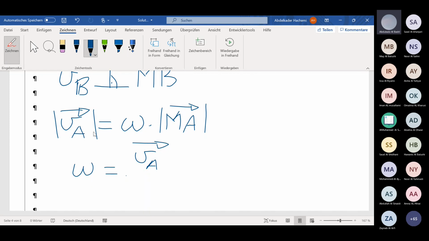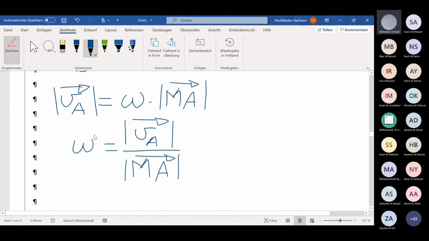Then we have VA divided by the magnitude MA. VA, the magnitude, we know it is only V. It's given by 3 meters per second. This is VA, and MA we can measure.